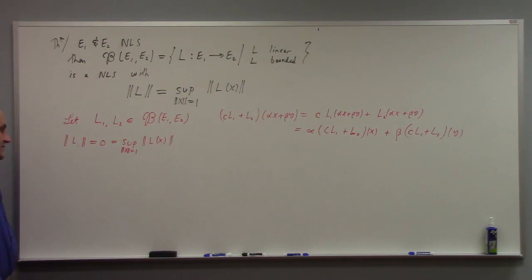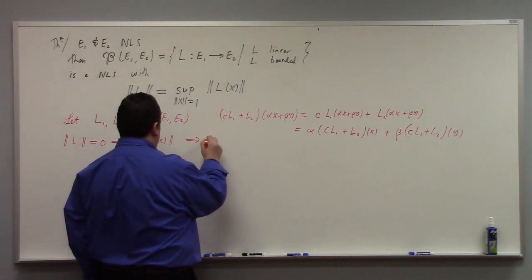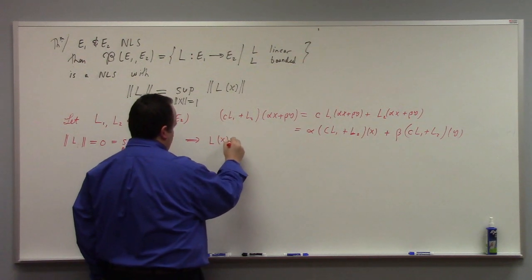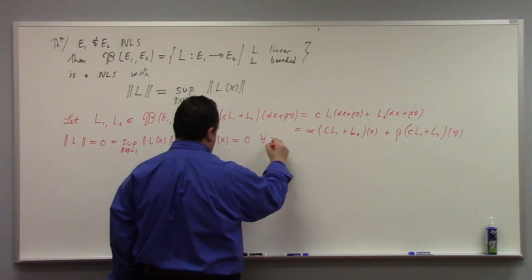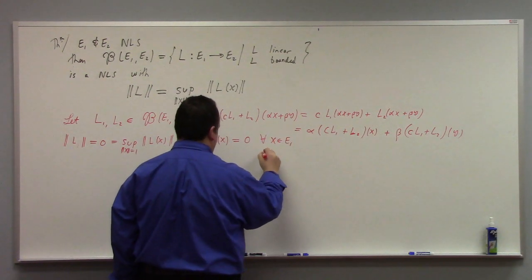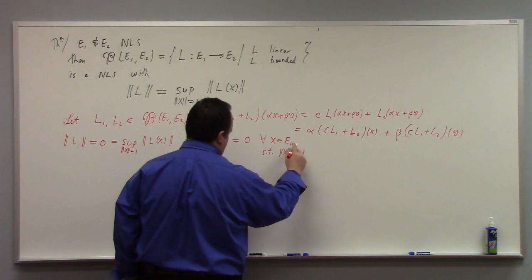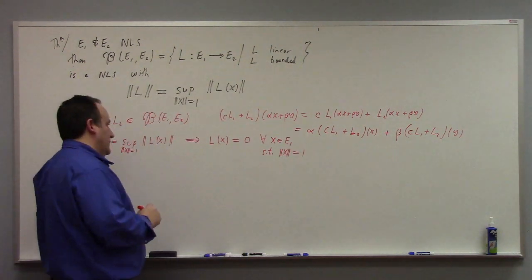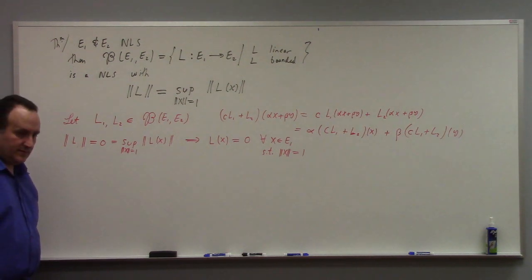So what's that tell you? What that tells me is that L of x is equal to 0 for all x in E1 such that the norm of x is equal to 1.